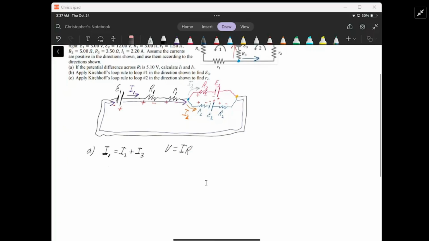Okay. If we were to find the current of I2, well, first of all, let's rewrite the equation as I equals V over R. And now let's also rewrite this as I2 equals V2 over capital R2, right? And they told us in the question that V2 is 5.10 volts.